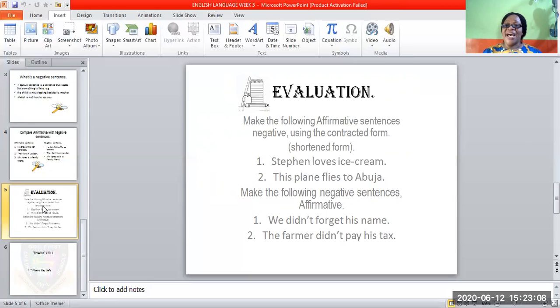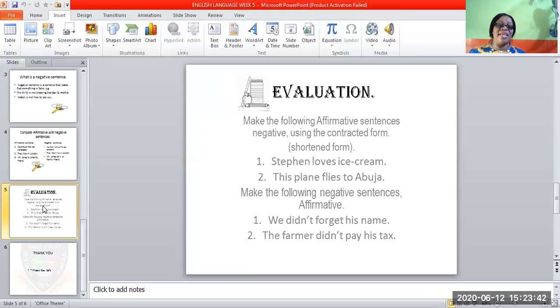Affirmative sentences are sentences that are true, cogent. Negative sentences, on the other hand, are sentences that indicate a fault. They indicate incorrect. They indicate not true. Do you understand? These are the two different types of sentences we're treating today.